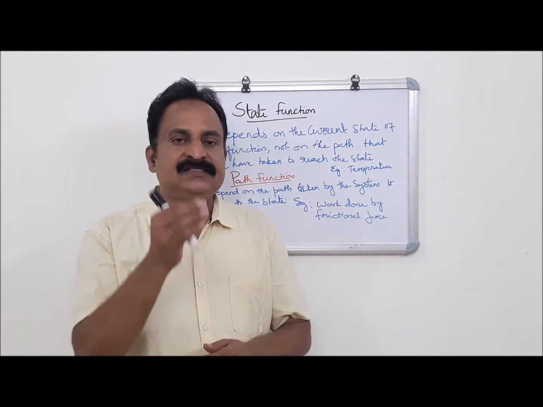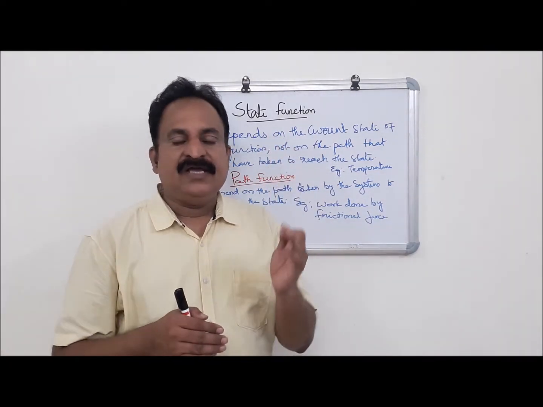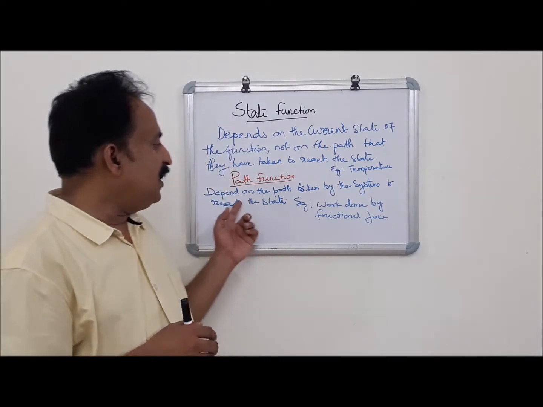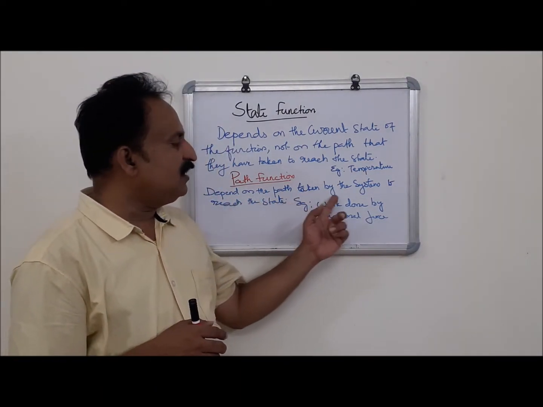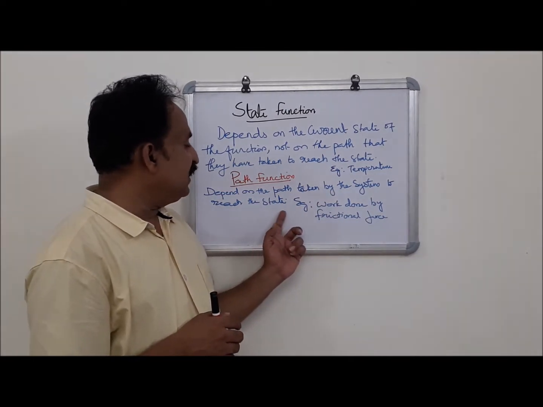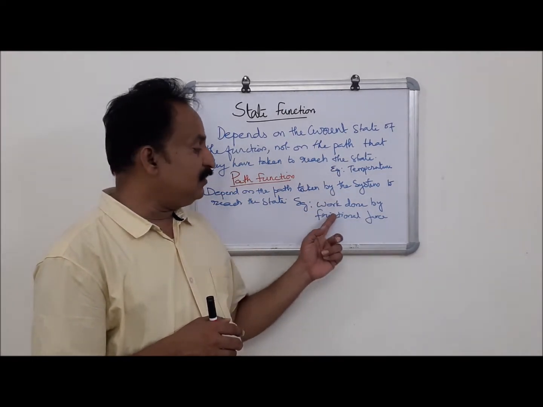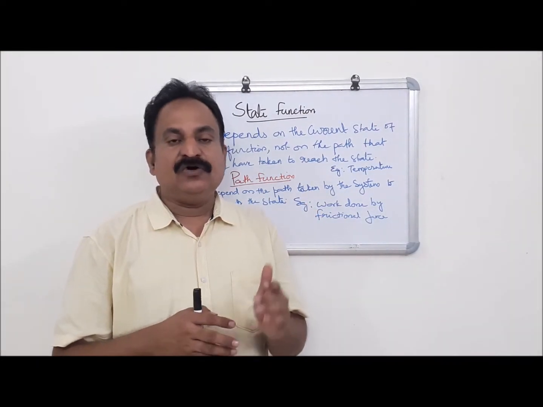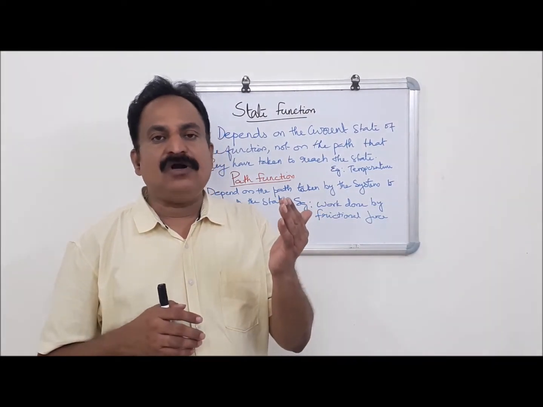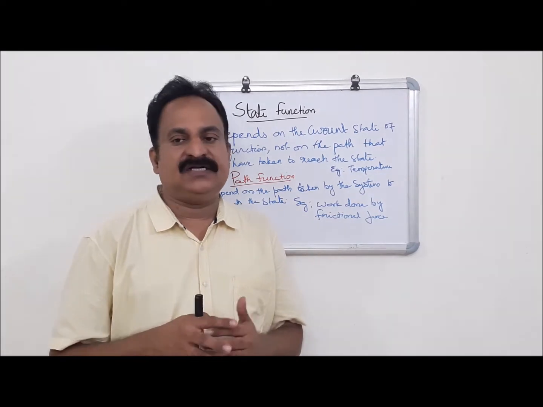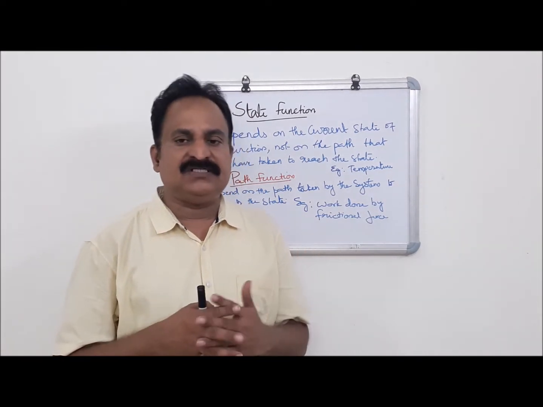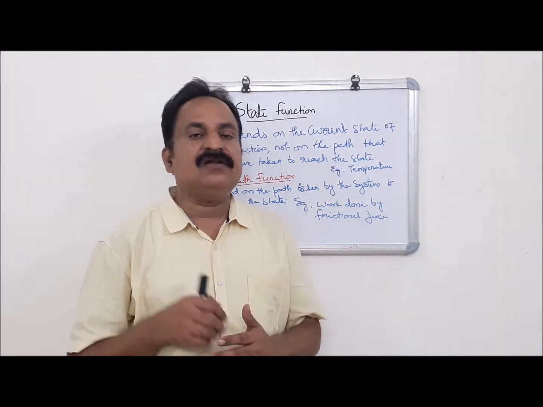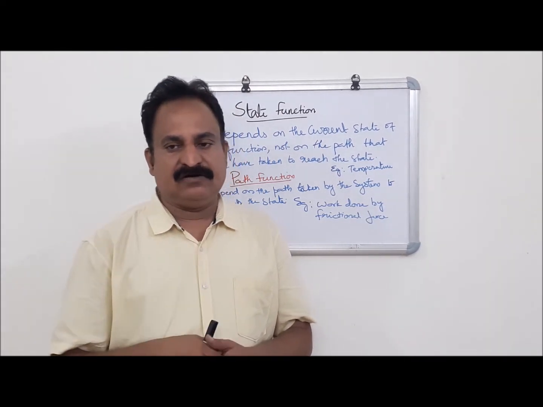Example, temperature of the system. A path function depends on the path taken by the system to reach the state. Example, work done by frictional force. So a state function depends only on the initial and final states, while a path function depends on the path taken to reach the final state from the initial state.